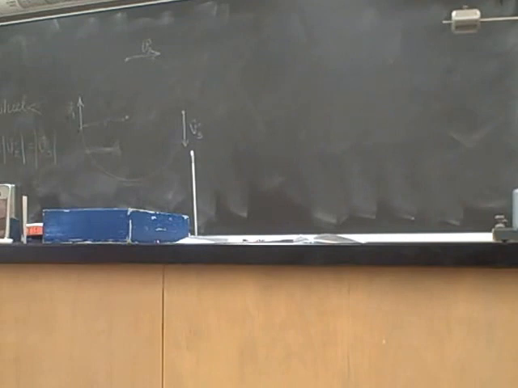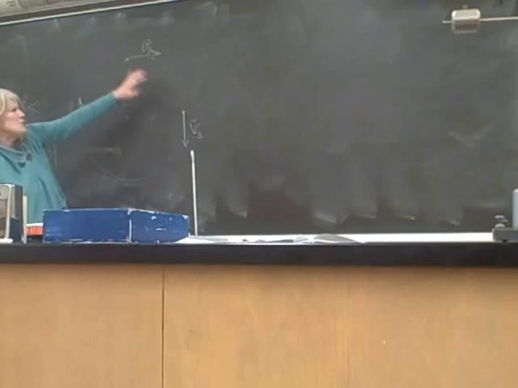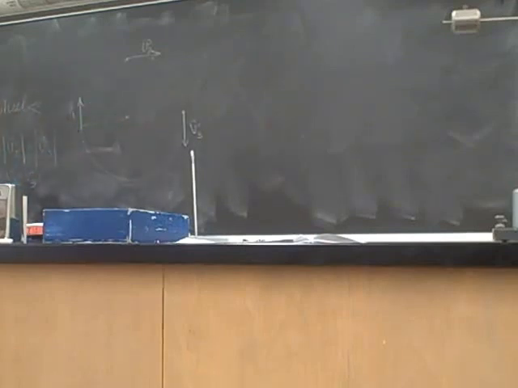Or another way to write that would just be without the vector symbol. So these V's are the instantaneous speeds at these 3 points on the circle.